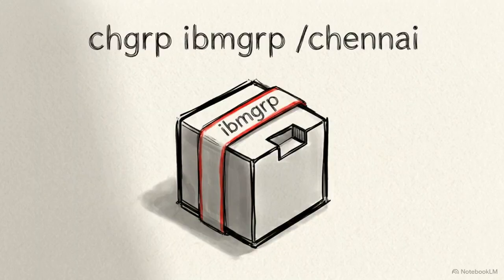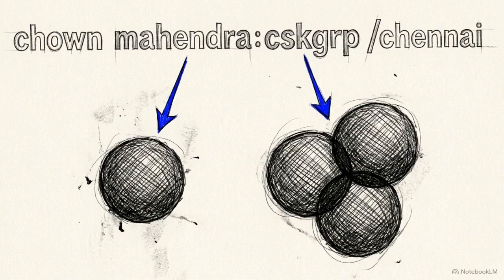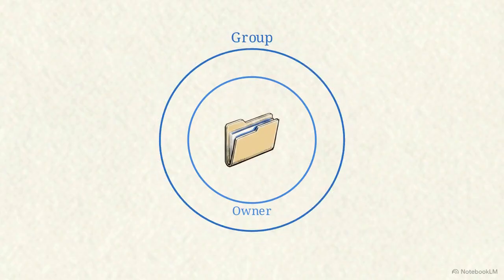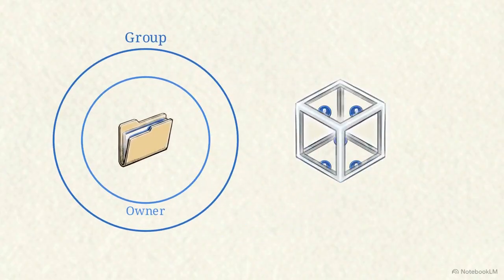To change the directory's group ownership to our new IBM group collective, we use the chgrp command. If we need to update both the individual owner and the group owner at the same time, we use the chown command. This logic map shows the directory now protected by two specific perimeters, one for the individual owner and one for the group collective.